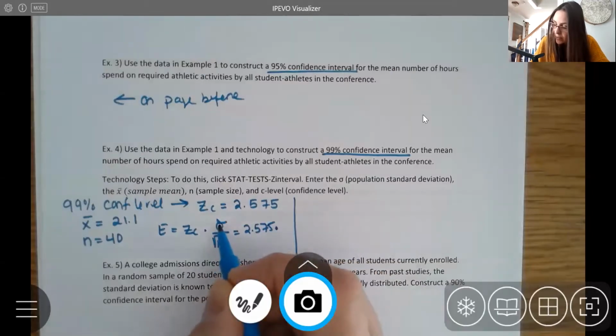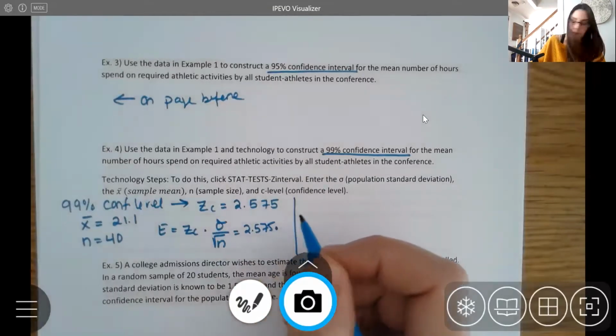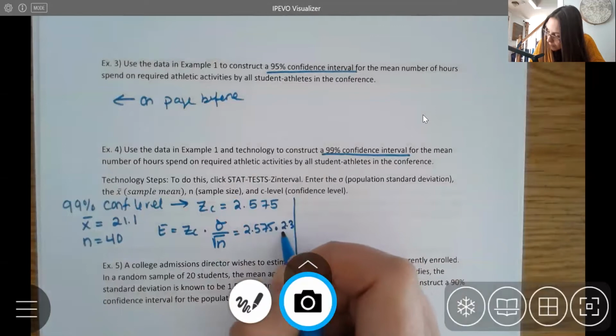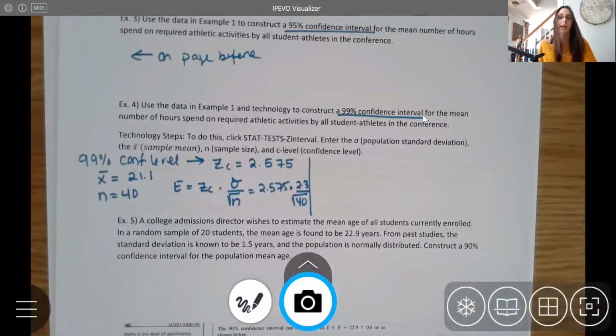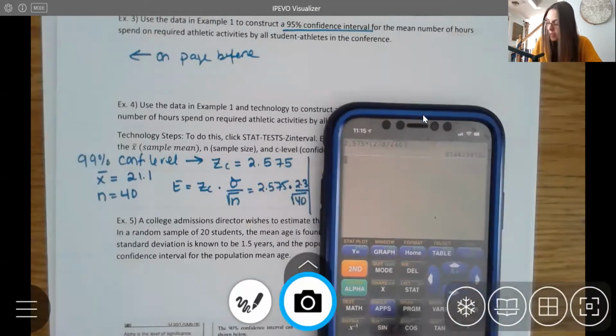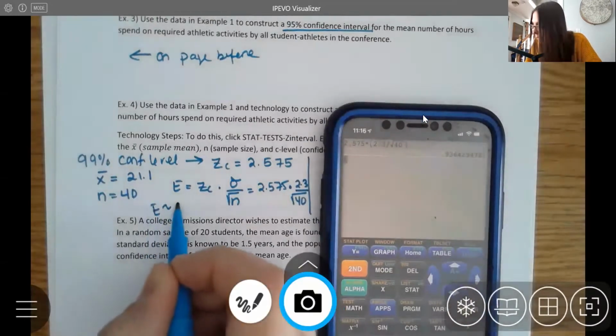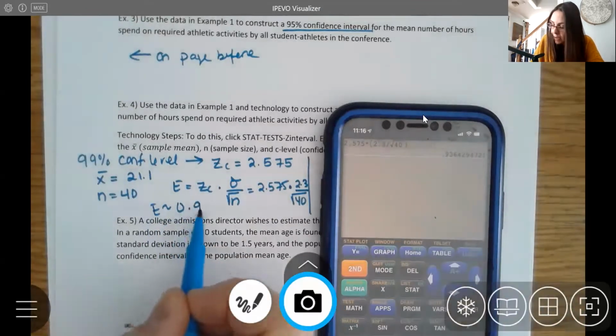Our standard deviation was given in the last problem as 2.3, and then we're dividing by the square root of 40. I'm going to take out my calculator at this point. I'm multiplying 2.575 by 2.3 divided by the square root of 40, and I'm going to get that the error is about 0.936. So using one decimal place, I get 0.9.